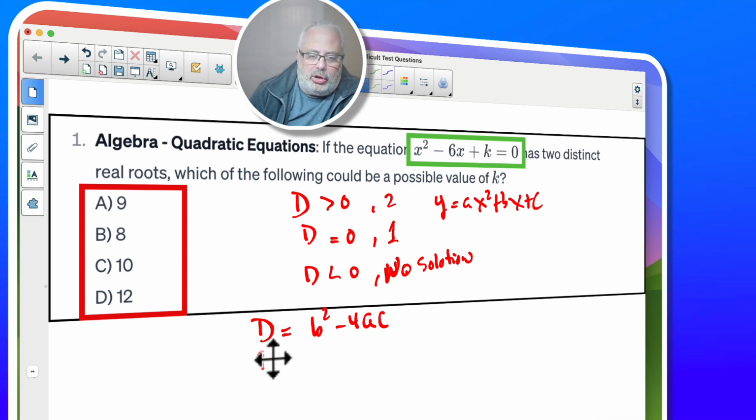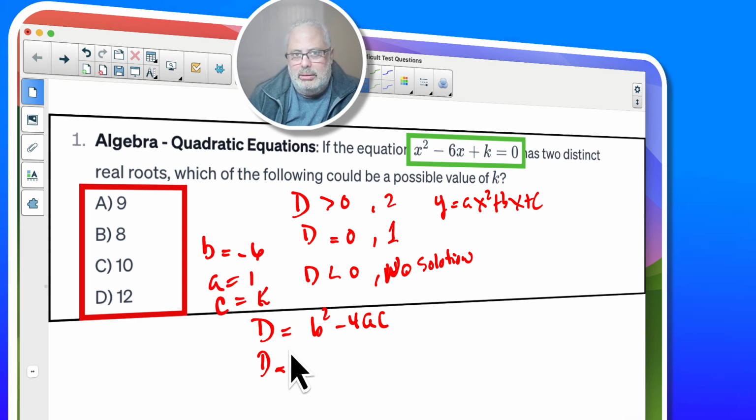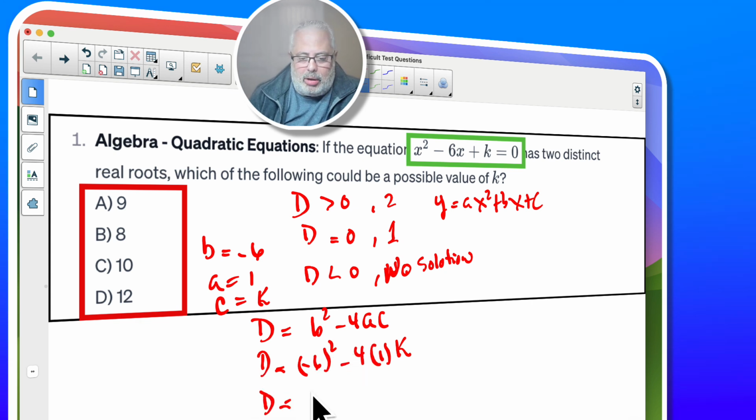So b is negative 6, a is 1, and c, in this case, will be k, which I don't know, but it's crucial to find it. Now substitute the values into the formula. D equals negative 6 to the power of 2, minus 4 times 1 times k. That is 36 minus 4k, and this is the discriminant.